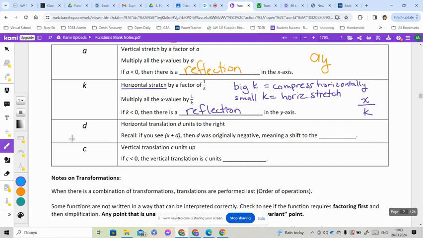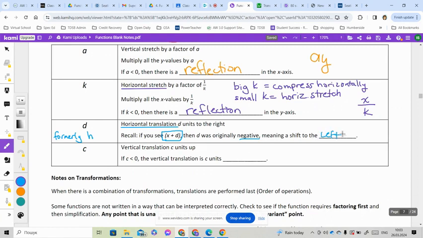Next, we have our horizontal translation, formerly known as h, if that helps. Formerly, it was our h. Once we find the d value, we move it to the right or left. Recall, if you see x plus d, then that means the original d was negative, and we shift it to the right or left?